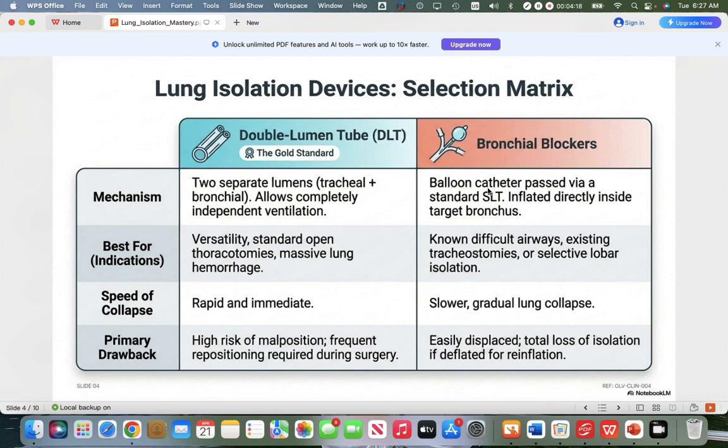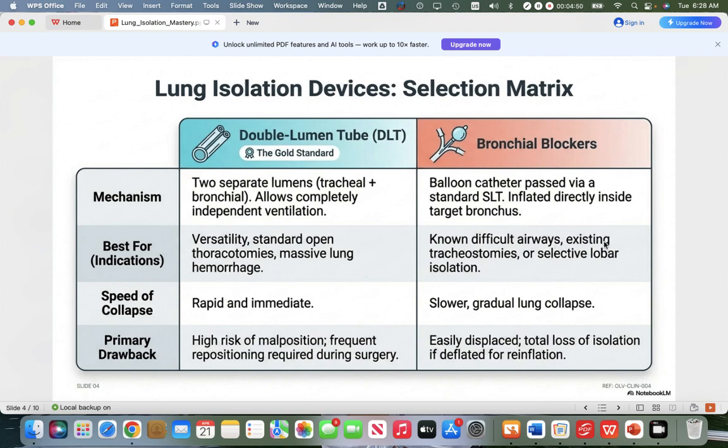While the bronchial blocker is a balloon catheter passed via a standard single lumen tube and inflated directly inside the target bronchus. In this scenario, we need to use a fiber optic scope to ensure that the bronchial blocker is in the position we want. أي إننا نتأكد 100% إن البرونكيال بلوكر موجود بالمكان اللي نريد نسوي له بلوك.